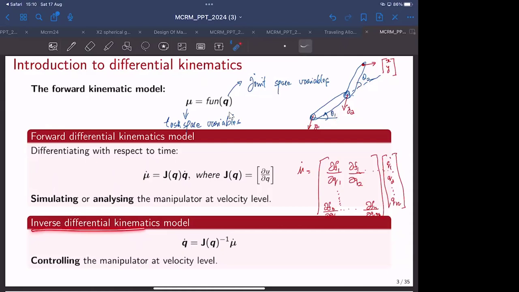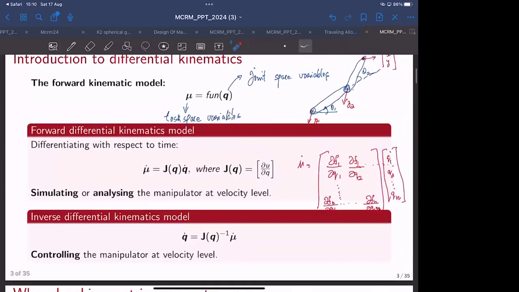That is the problem of inverse differential kinematic modeling, which is more or less controlling the robot manipulator at velocity level. You would use the inverse differential kinematics model once you get into robot motion control in the subsequent weeks, where you would use this relation to control a robotic manipulator.